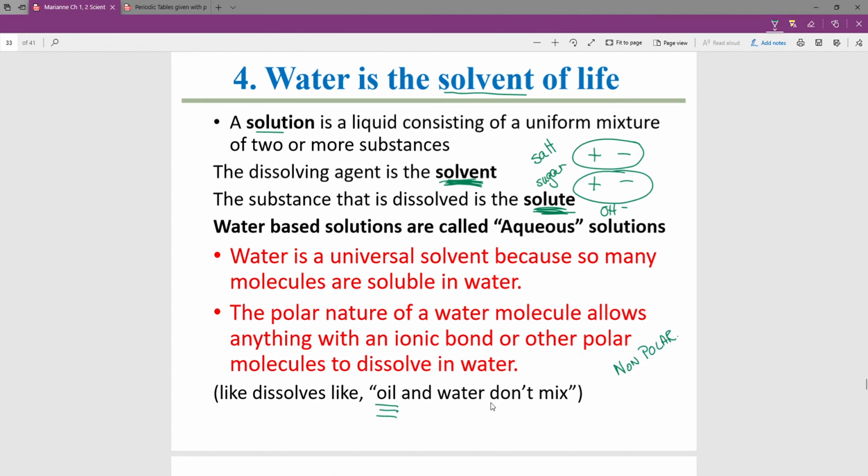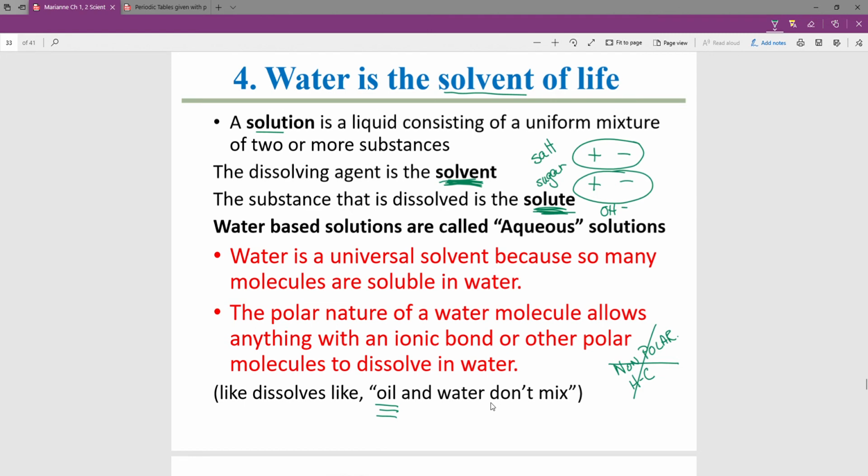Oils are hydrocarbons, and hydrogen and carbon don't have any oxygen. They don't have any greedy component. They share more evenly. And so this idea here is that if they're not like water in that they have no charged bits, either ionic or polar covalent, then they're not going to dissolve in water.